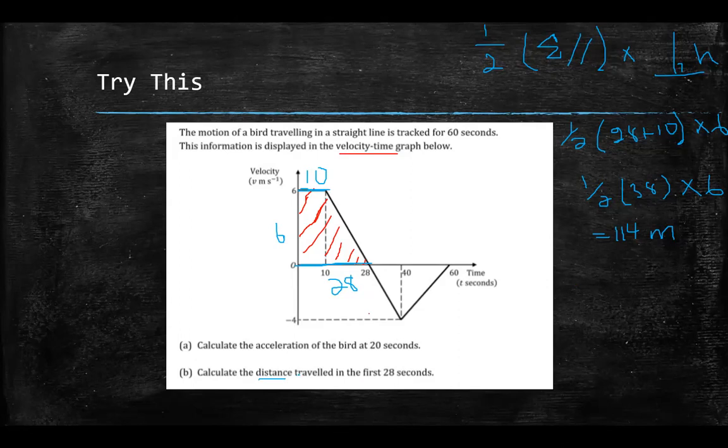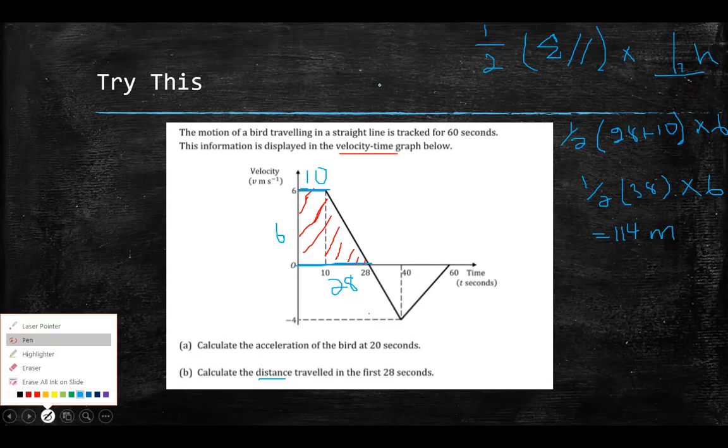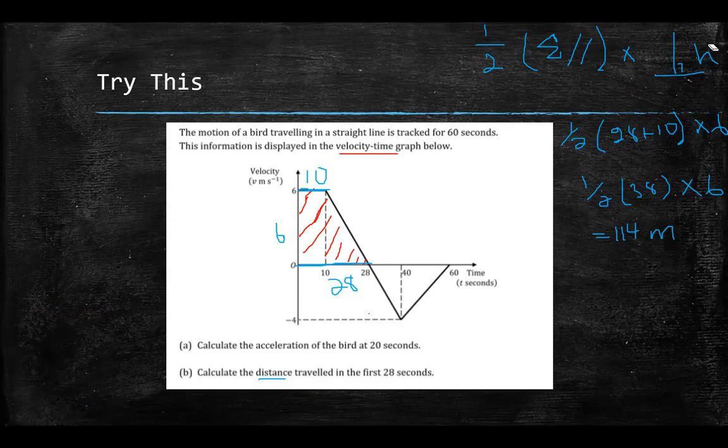Aren't we going to do the one for the triangle, then add it to the 114 meters? Yeah, I mean, this is just the first way. If you want to use the area formula for a trapezium, you could use this formula.